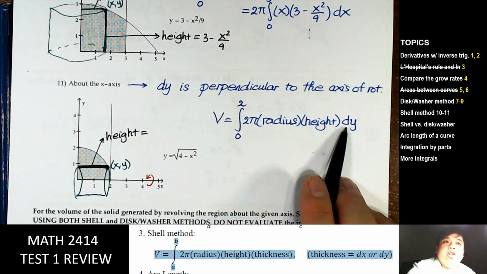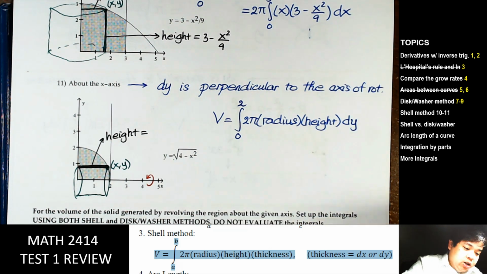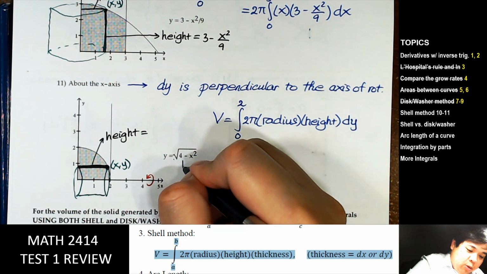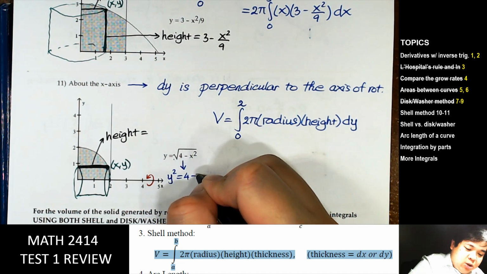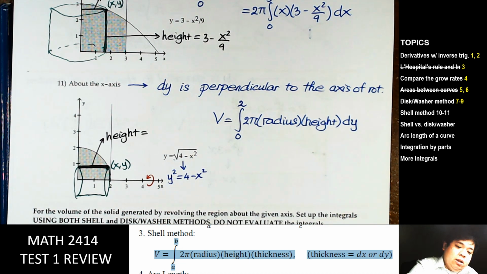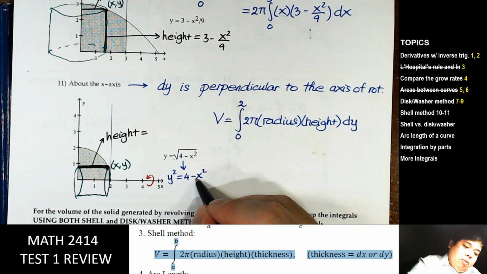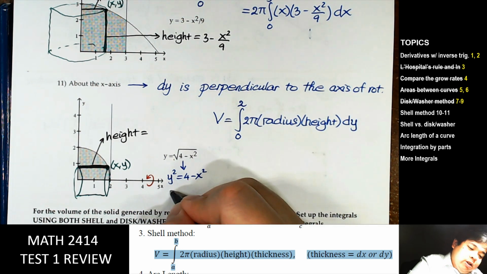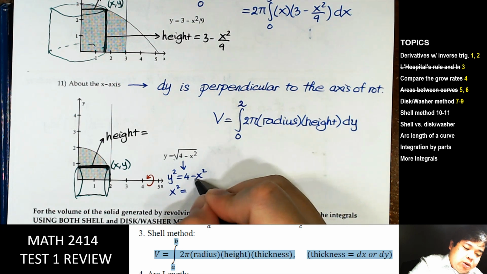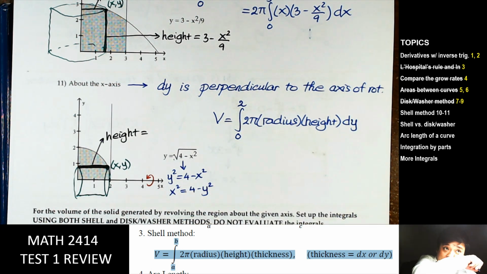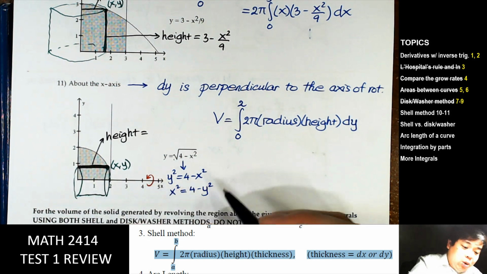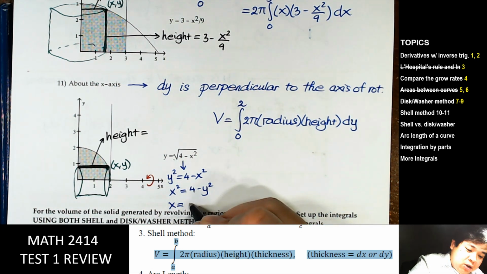Notice that it has to be in terms of y. So let's convert this function in terms of x to terms of y. Square both sides, y squared equals 4 minus x squared. Move the x squared over and the y squared over. x squared is equal to 4 minus y squared. Take the square root, and because x and y are positive, we don't need the plus or minus.